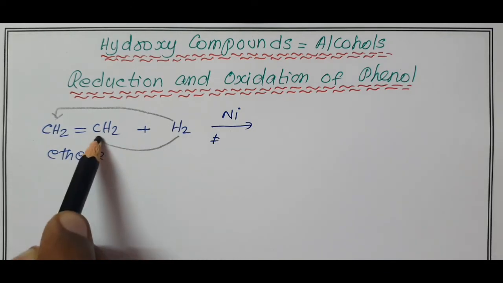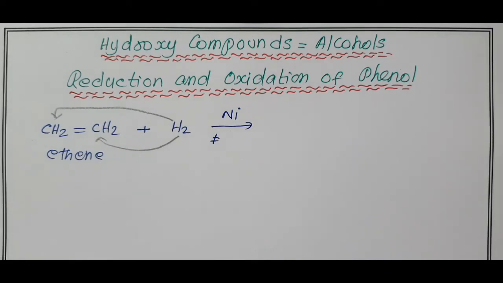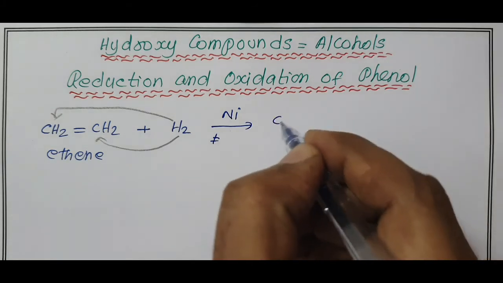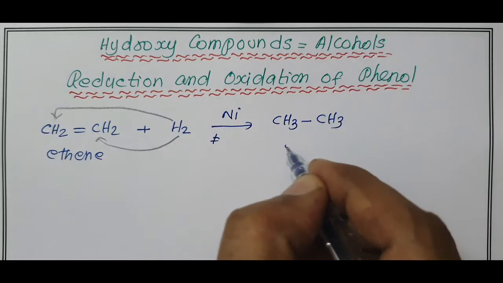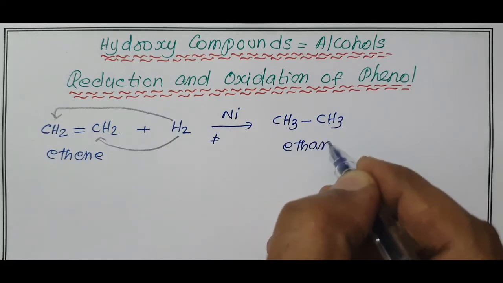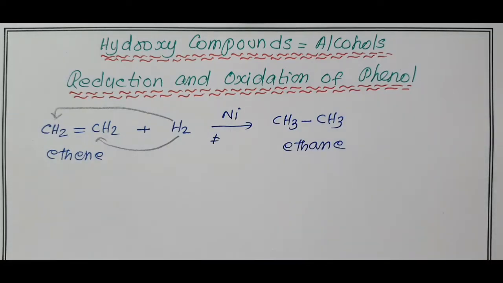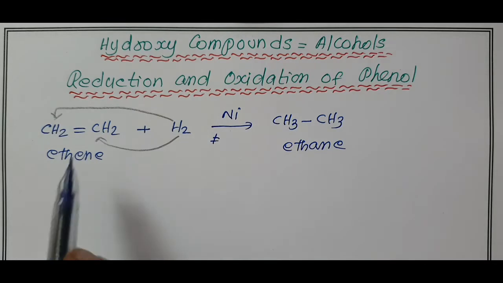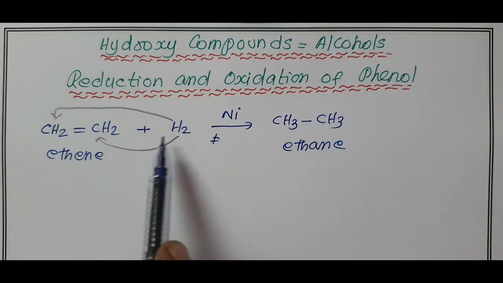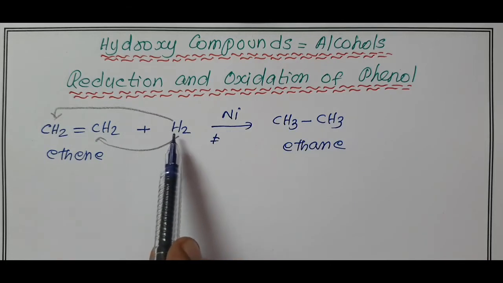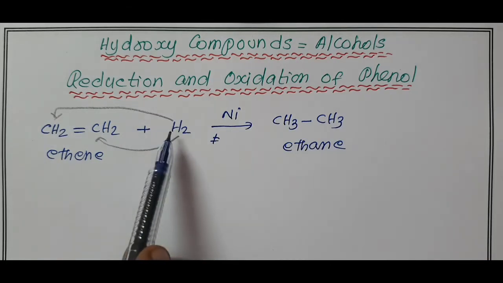Another hydrogen is added to another carbon. The double bond is converted into a single bond, giving ethane, CH3CH3, 2 carbon, single bond, ethane. Remember, to convert a double bond into a single bond, one molecule of H2 is used.